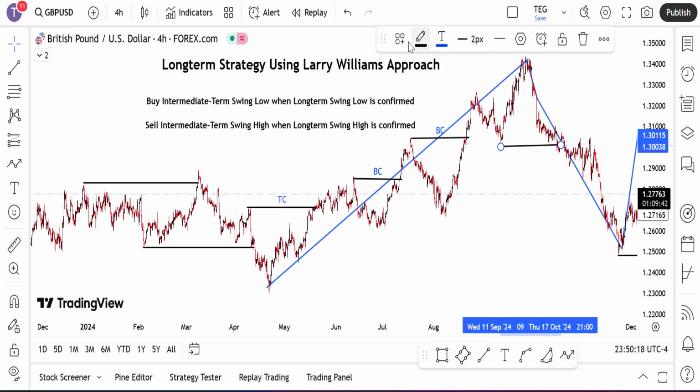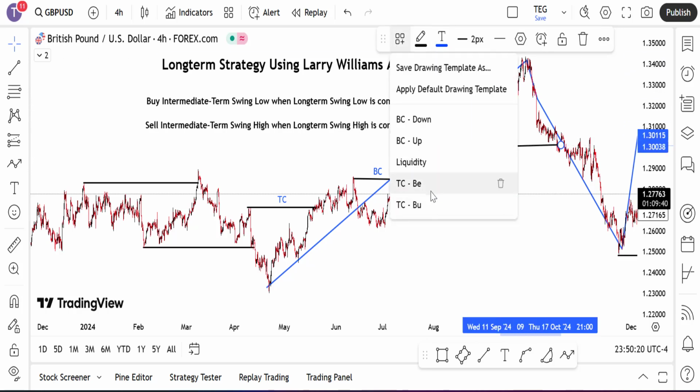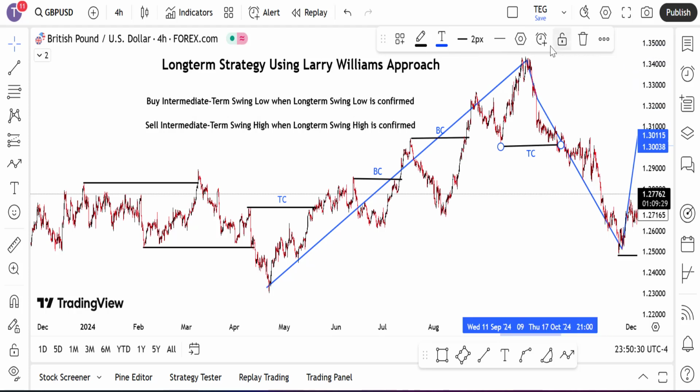So this is TC bearish. How do we know that this is our long-term swing high? Remember, I told you there's going to be intermittent swing highs on both sides. Remember, this is a swing high because it does not matter. This is a swing low.